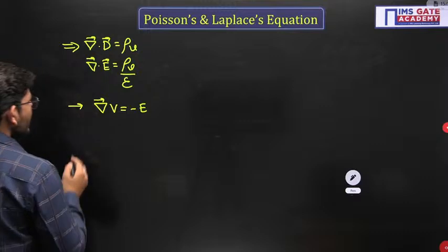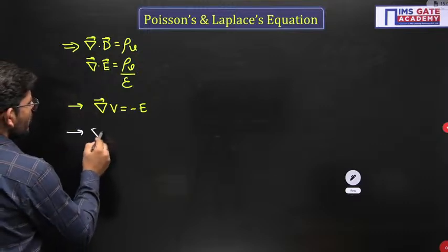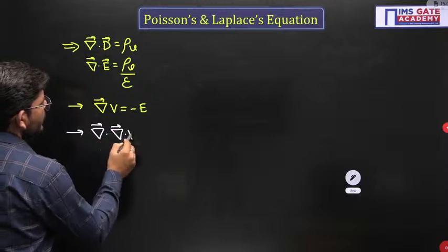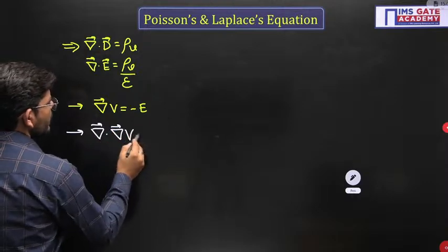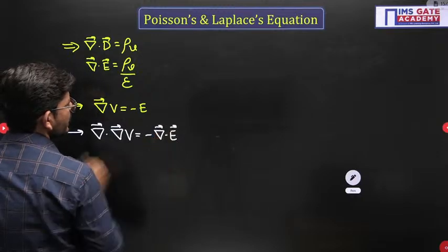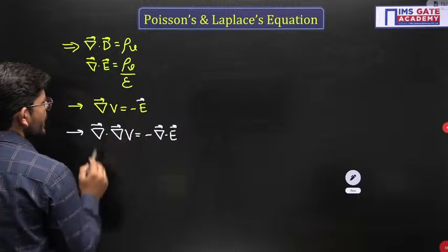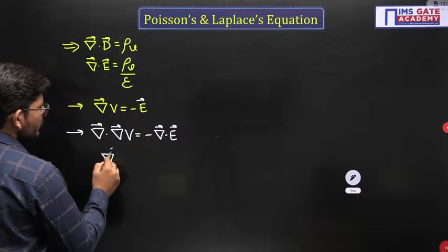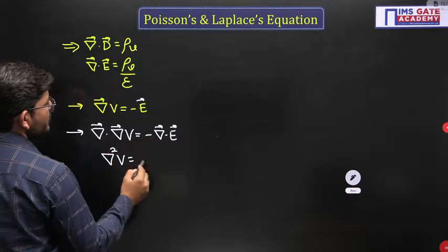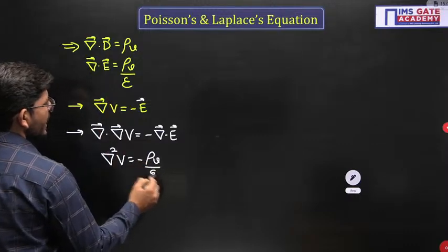Okay. Now let us multiply del on both sides. So if we are doing del dot del v, this will be equal to minus of del dot E. Now del dot del will be del square v, and del dot E is basically rho v upon epsilon.